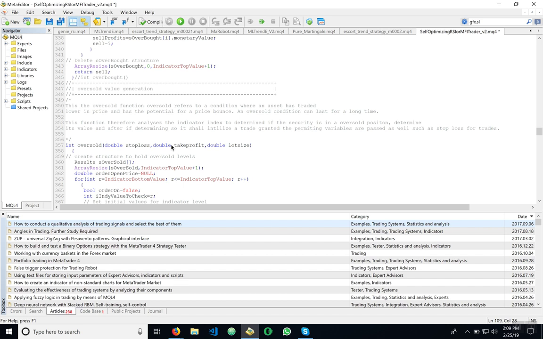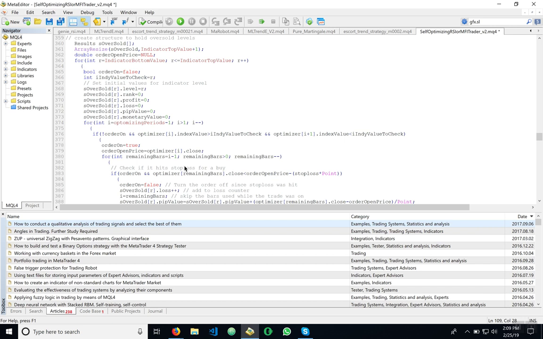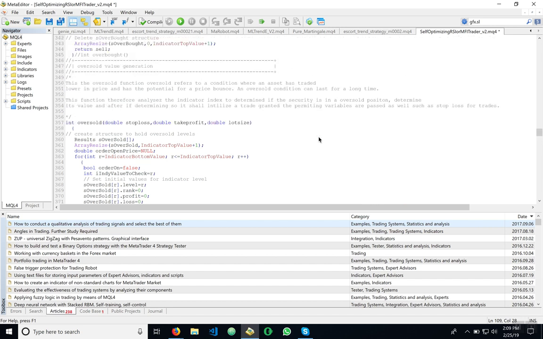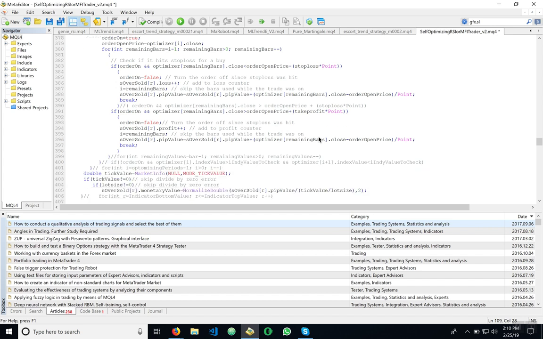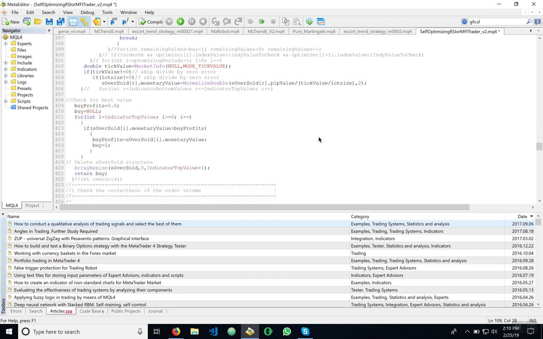Like I said, this trader goes through it more than once, hence the loop it has for the optimization period, and it checks the value and the index value. So it goes through it more than once to determine the highest possible sell value, or as in the overbought function, the overbought value, and then sends that into an open trade that the EA will execute to make the best possible profit, or if it's in the break even criteria, execute that.